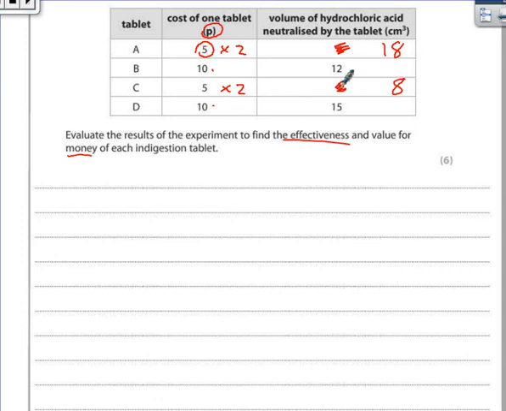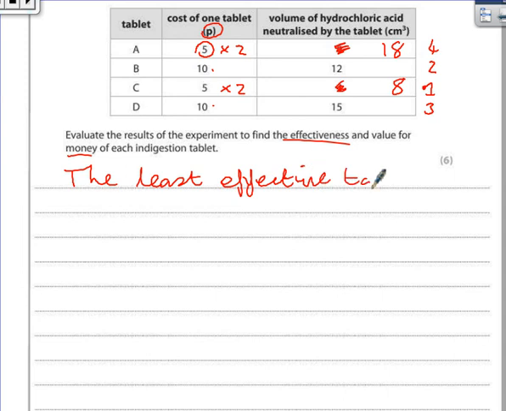So the order of effectiveness would be least effective C, and then most effective A. If you write about that, start with the least effective tablet, and put them in that order.